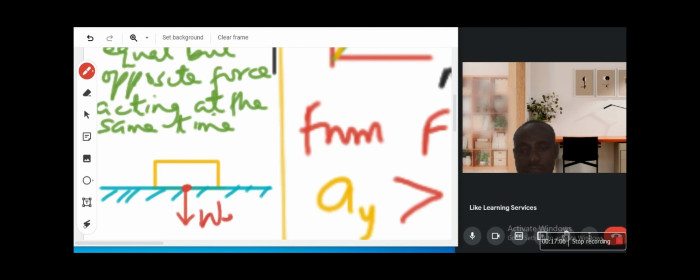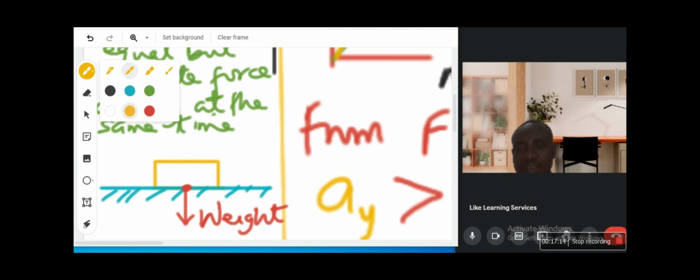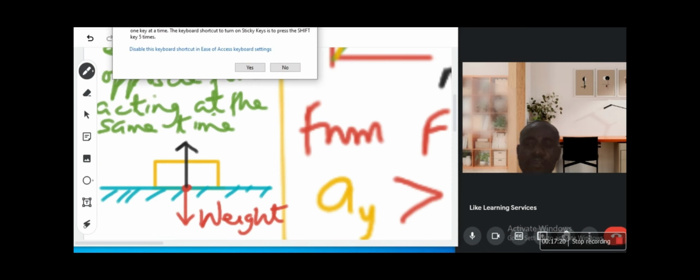That's the weight. Weight always acts vertically downward. For this object to be balanced, there has to be an equal but opposite force which acts from the surface, which we call normal reaction or reaction force.